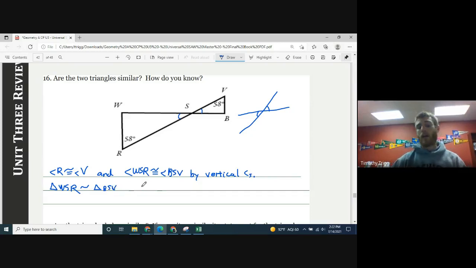And what property allows us to say that, when two angles match another two angles? These two are similar by the angle-angle similarity postulate. Okay. So if two angles from one triangle match two angles from another triangle, we can say for sure those two triangles are similar because of the angle-angle similarity postulate.